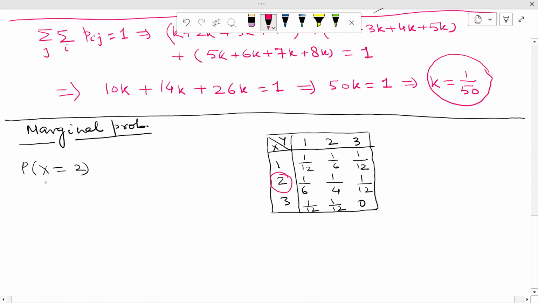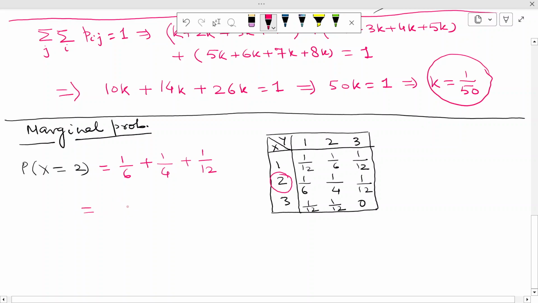So the marginal probability is simply defined as the summation of all the probabilities corresponding to that particular value of a random variable. So for x is equal to 2, we have 1 by 6, which is the probability of x is equal to 2 with y is equal to 1, plus the next probability corresponding to x is equal to 2, which is 1 by 4, and the last probability is 1 by 12.